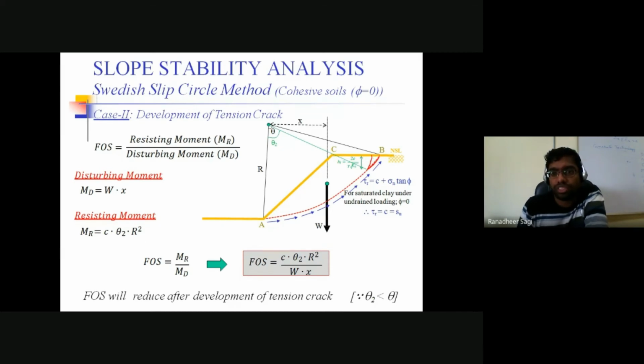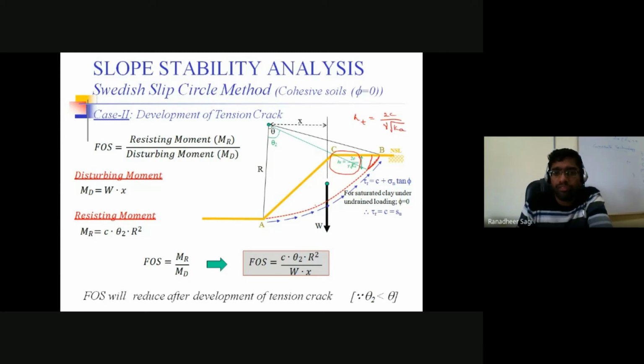What is the depth to which the tension crack develops? It is 2c by gamma into under root Ka, the expression I have already represented earlier. That is ht or dt, whatever you represent, it doesn't matter. It indicates the depth of tension crack, which is 2c by gamma into under root Ka.